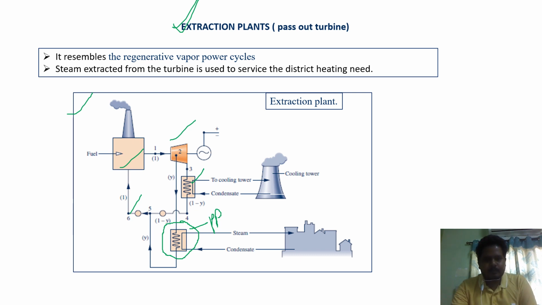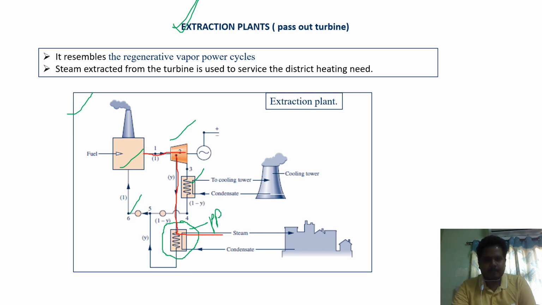Now let us see the working. As we know, steam from the boiler will enter the turbine where it expands. During expansion through the turbine, some amount of steam is extracted from the turbine and sent to the process plant.